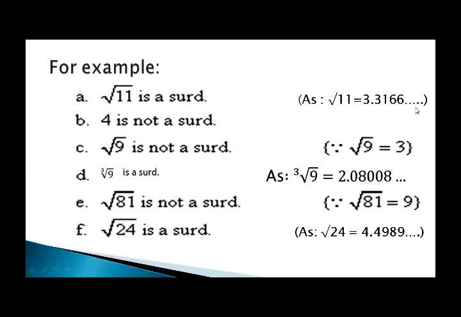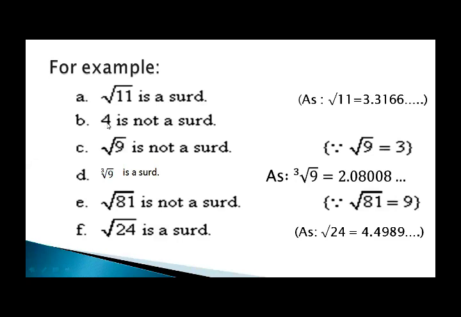It is non-terminating as well as non-recurring. You may check this using your own calculator, so you will easily understand why root 11 is a surd. Another meaning is that while making the factors of 11, we are unable to get two identical factors of 11. That's why it is a surd.